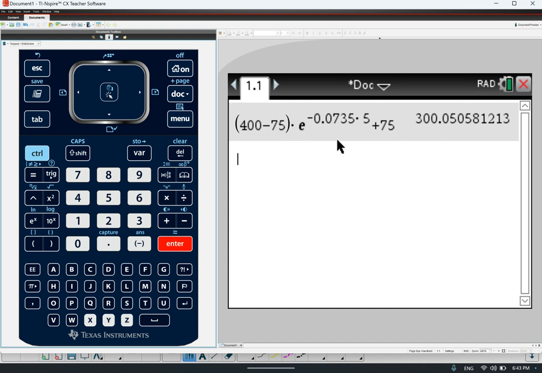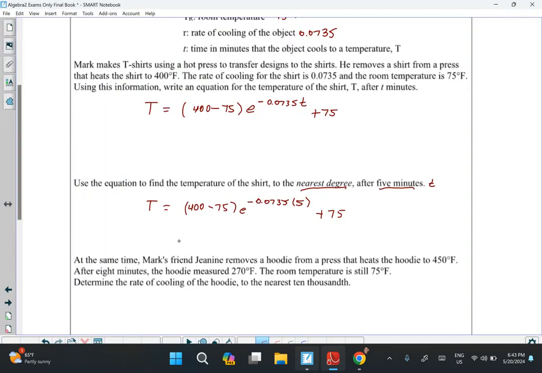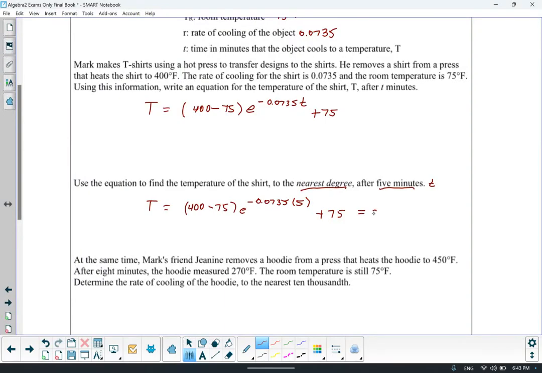And you get 300.0505. So to the nearest degree is 300 degrees Fahrenheit.